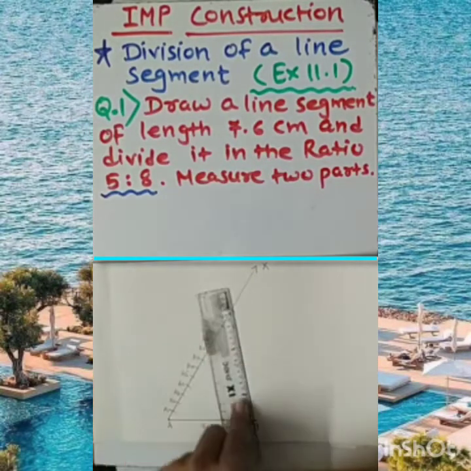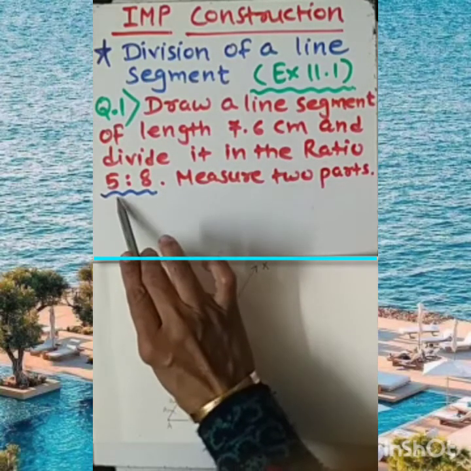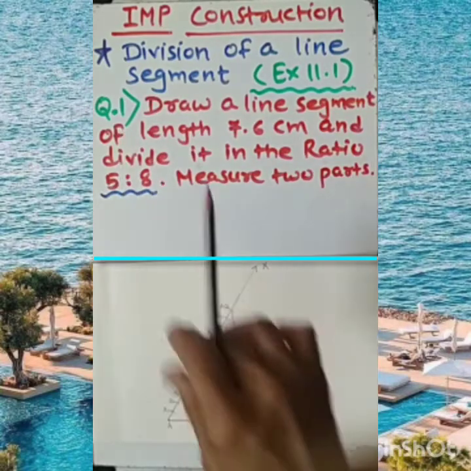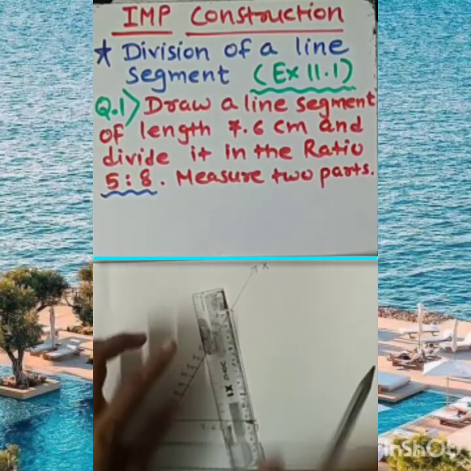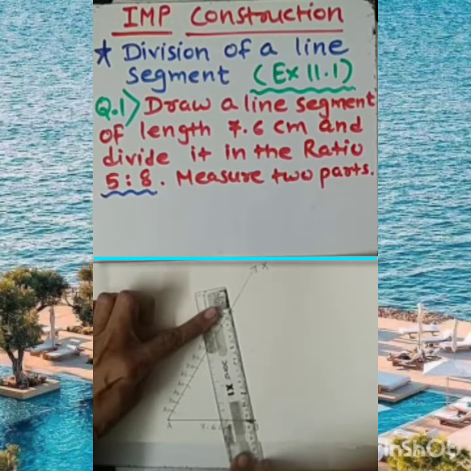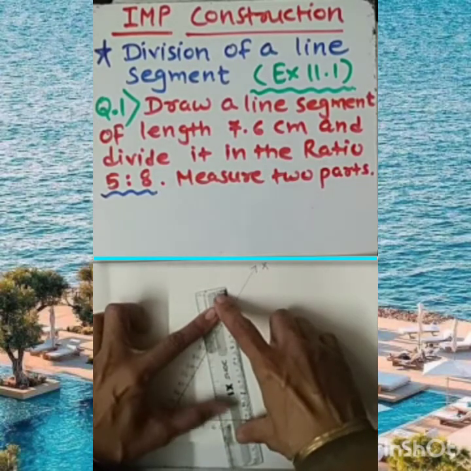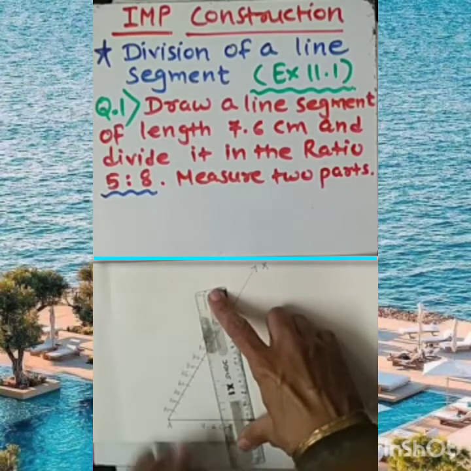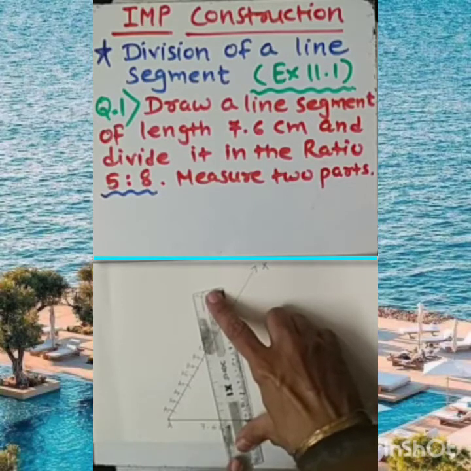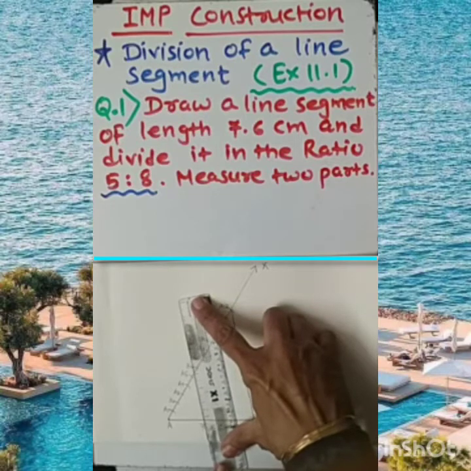Clear? Now after joining this, we want the fifth part. I want to divide the line in the ratio 5:8. So how to go with that? Keeping the scale, I am shifting the scale to A5 because I want the ratio 5:8, so I want to draw the parallel line. I am shifting my scale and it is coming here, A5.